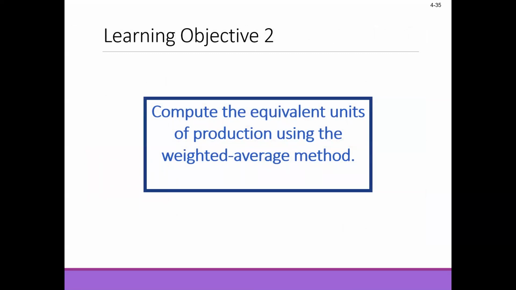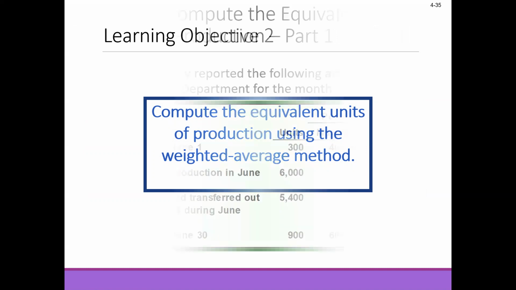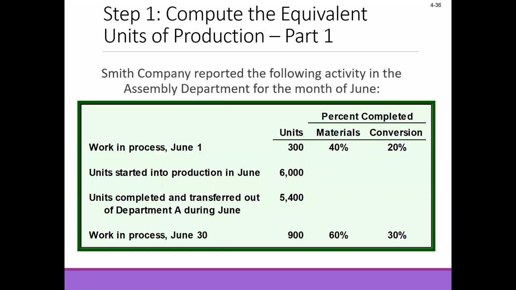Next, we're going to compute the equivalent units of production using the weighted average method. So the work in process starting on June 1st had 300 units, showing 40% of materials were completed, 20% of conversion was completed.